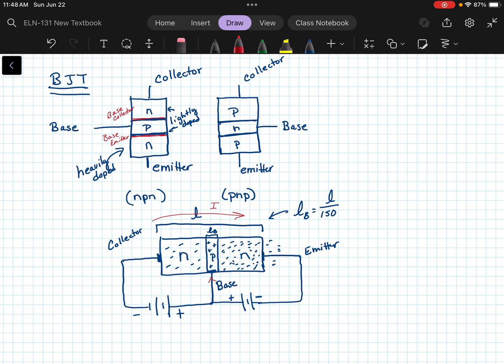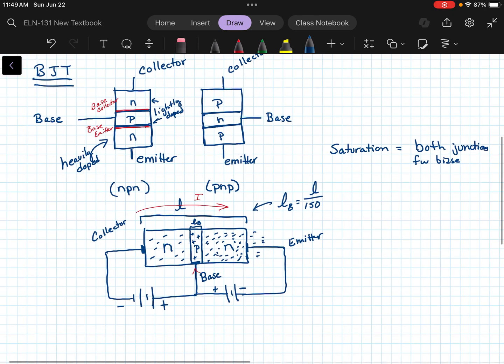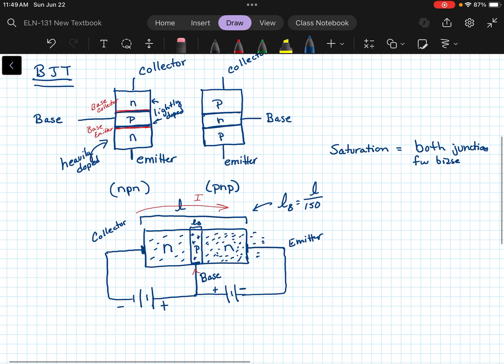And that's what we call saturation. So saturation happens when both junctions are forward biased. Okay, and I'll draw you a graph in a minute just to show you what that looks like.